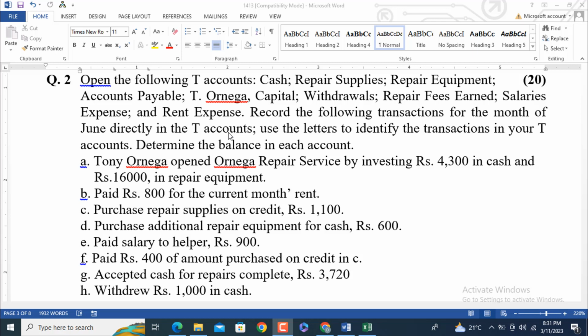So here are the first transactions. Whenever you have a transaction, please pass a journal entry of that transaction. After that, you can easily place the respective side of each transaction into the corresponding T accounts.